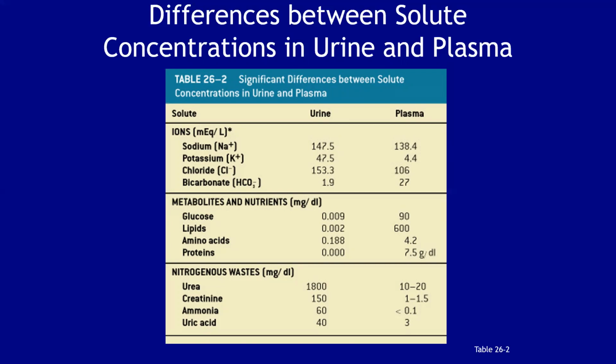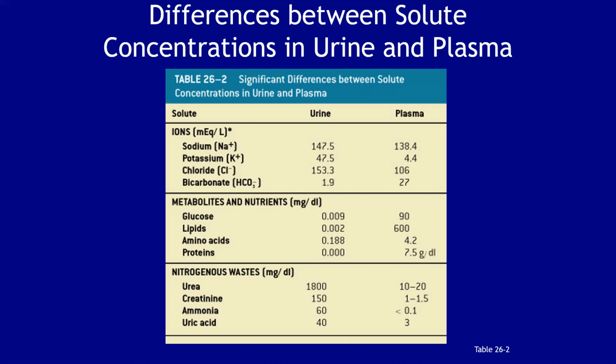Notice the sodium is about equal and the potassium is not. You get rid of a lot of potassium in urine and you retain it in plasma. Chloride, you get rid of a lot of that in urine. And then bicarbonate, you don't have as much available in the urine of a person who is in homeostasis.